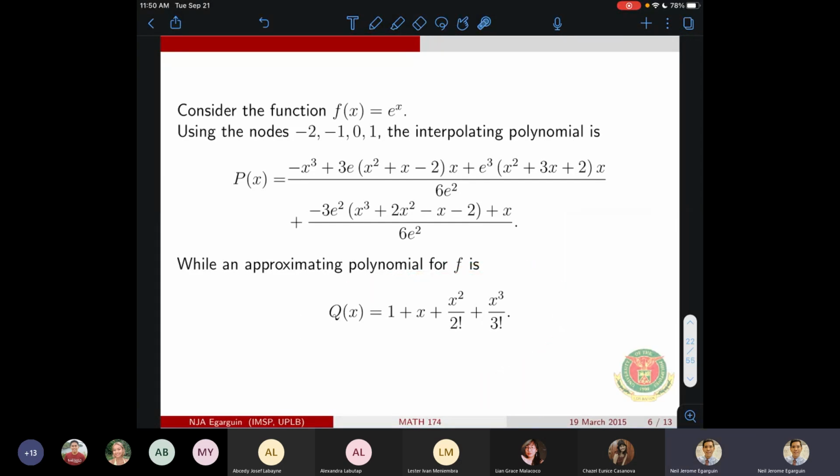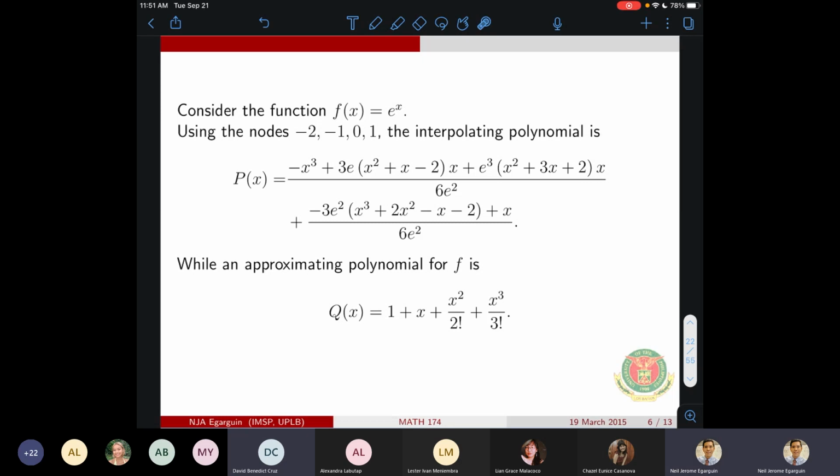Naalala niyo pa ba? Saan ko nakuha itong approximating polynomial q para kay f? Do you still remember? Anybody? I think there's a Taylor. I think this is the Taylor. Taylor's theorem pa? Okay.